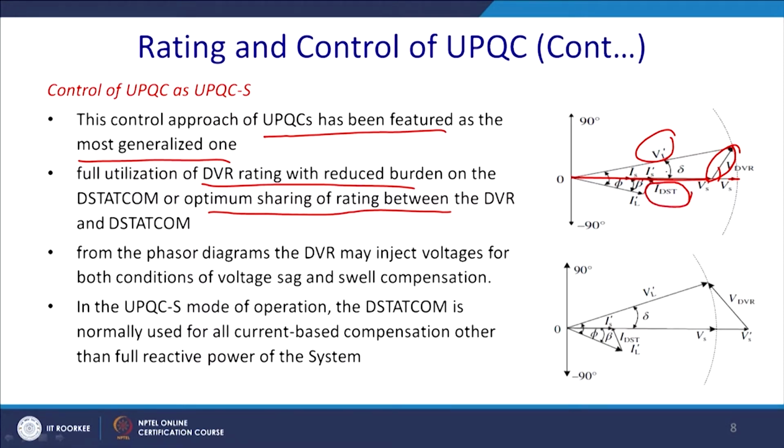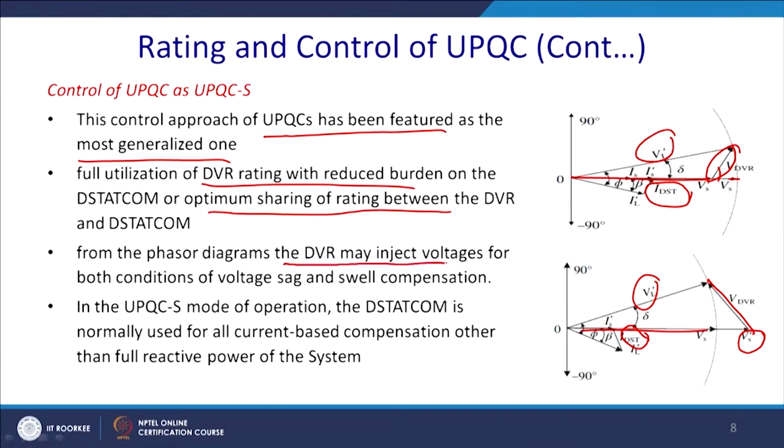Ultimately the current will become in phase with the voltage. Similarly, for sag compensation, this was the uncompensated Vs prime, the DVR will inject this voltage, and for this reason the new Vs will be this and VL was this, and definitely this is the I_DST, the DSTATCOM current, that will be making phase with the compensated voltage.